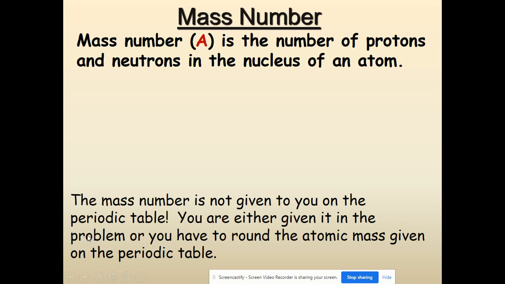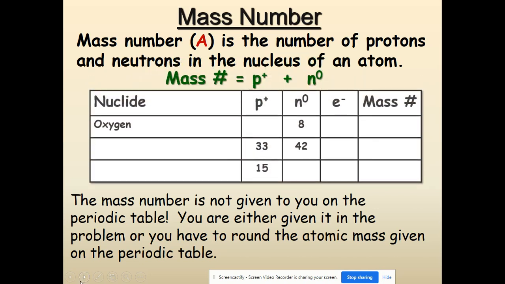Now, the mass number A is actually not given to us in the periodic table. It's the number of protons and neutrons in the nucleus. So mass number is referring to all the particles that have mass in our atom. So it's the number of protons and neutrons.